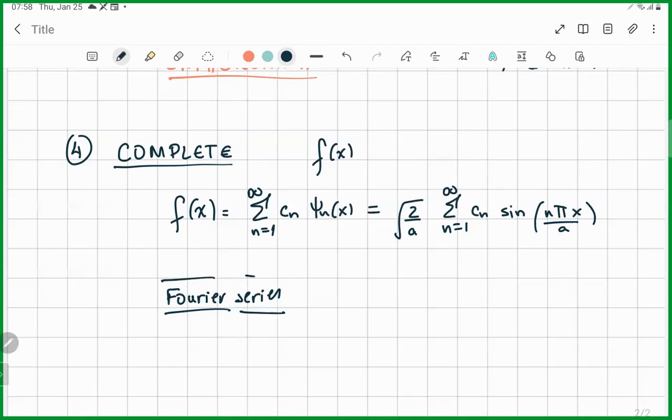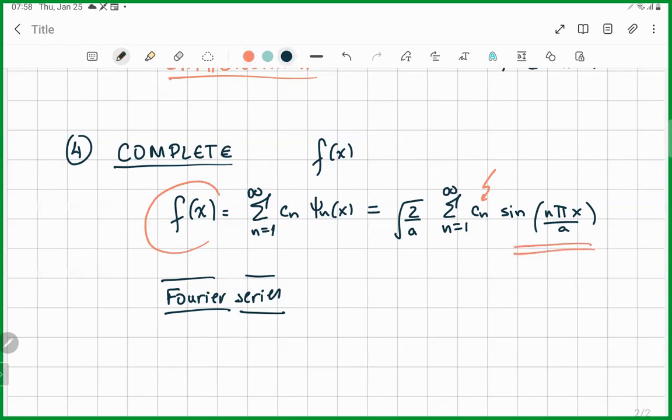You can write any function in terms of sum of sines or cosines. Okay, so our solutions are complete. And then if we had to find these coefficients, how can we do? How can we find these coefficients that will allow us to write any function in terms of this sum?